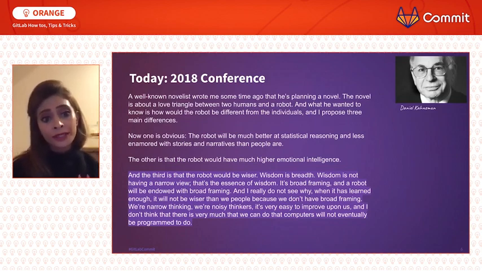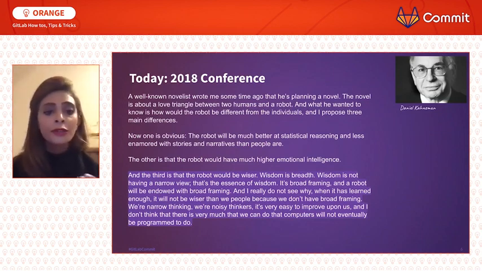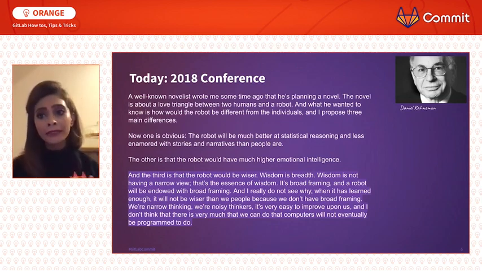And what he wanted to know is how would the robot be different from the individuals? And Professor Kahneman proposed 3 main differences. First one, obvious, the robot will be much better at statistical reasoning. The second is the robot would have much higher emotional intelligence.